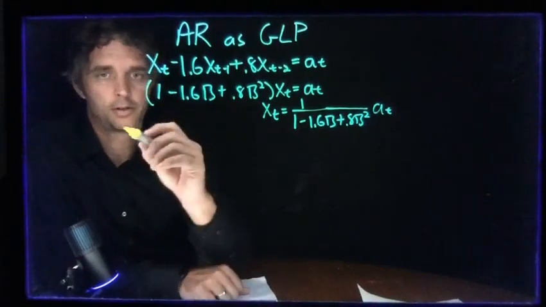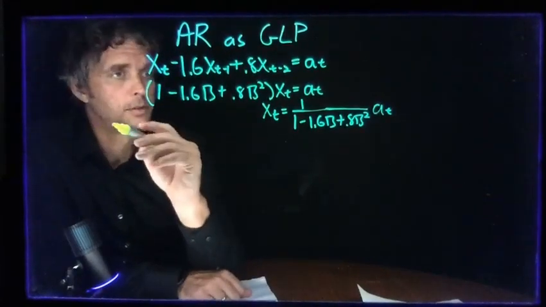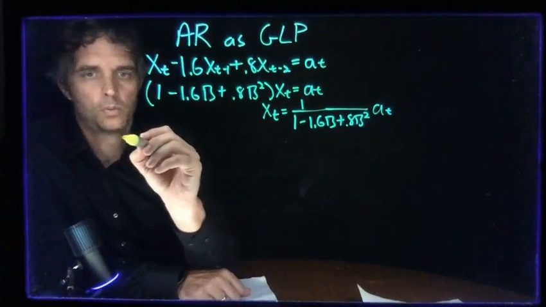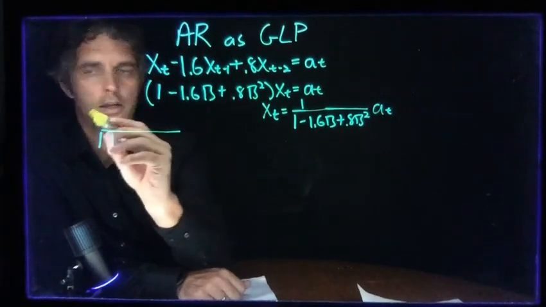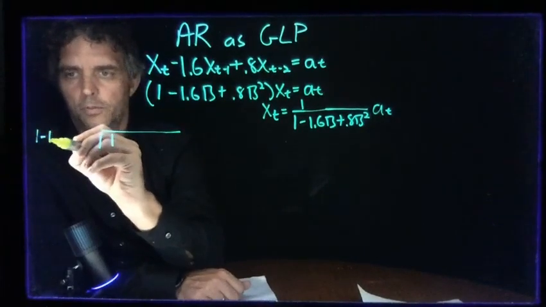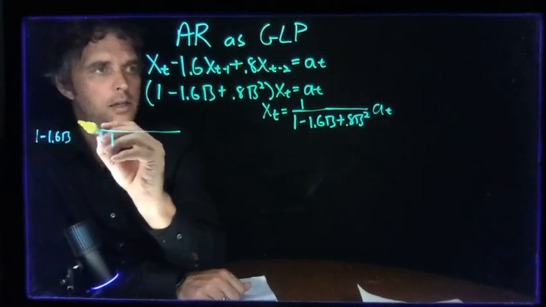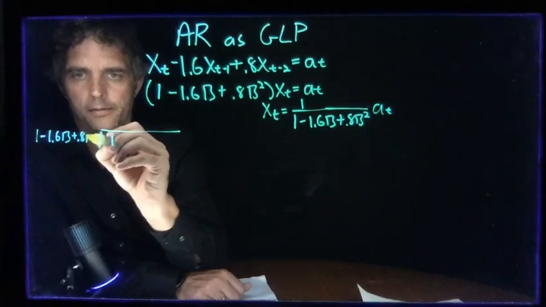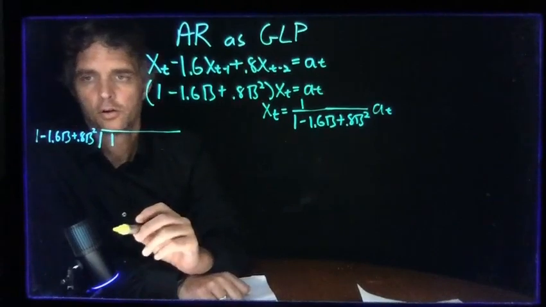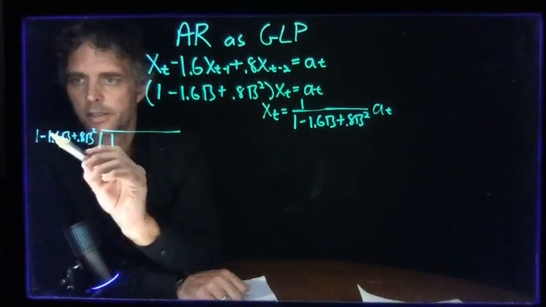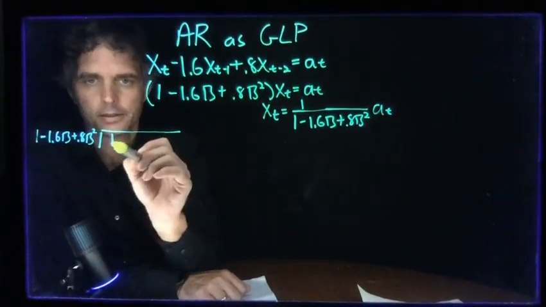So what I'm going to have to do here is some polynomial division. That will be 1 divided by (1 - 1.6B + 0.8B^2) into 1. The way we do this is we ask, what do I multiply 1 by to get 1?